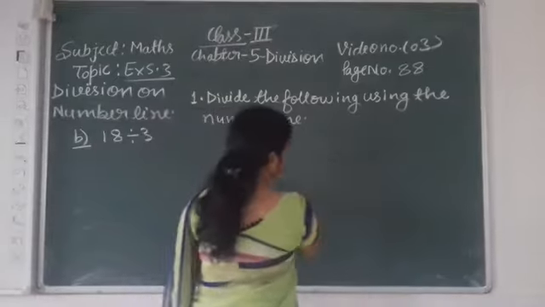To divide 18 by 3 on a number line, first I need to draw a number line at least till 18 because our first number is 18. So you should draw.